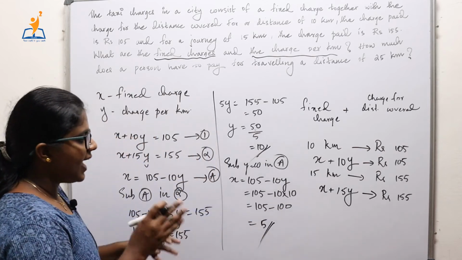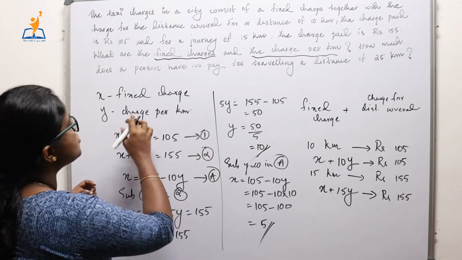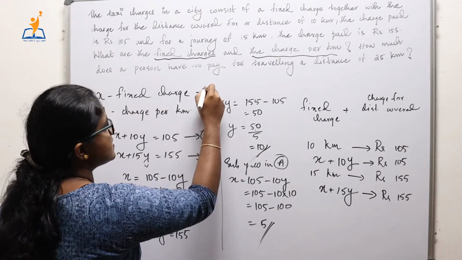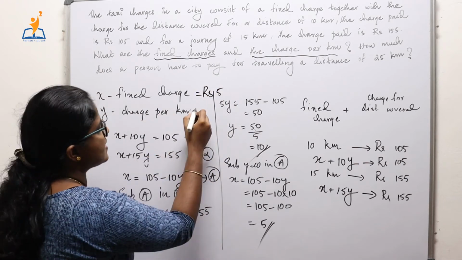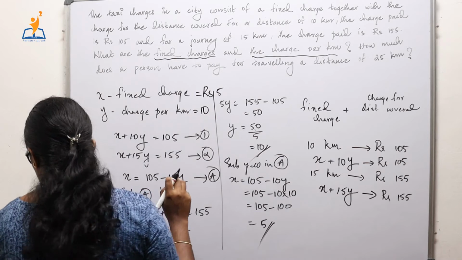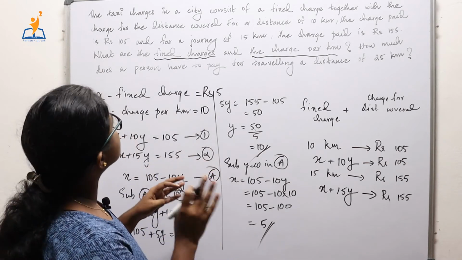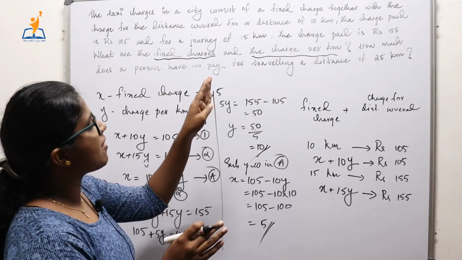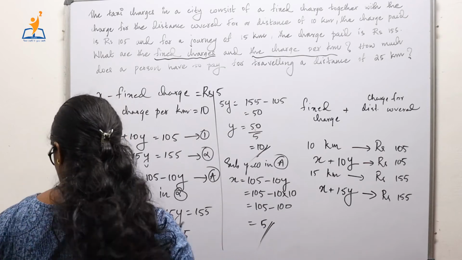So we got x is equal to 5 rupees and y is equal to 10 rupees, which means the fixed charge is rupees 5 and the charge per kilometer is rupees 10. So we got two such values. Now we have to find how much a person has to pay for traveling a distance of 25 kilometers.